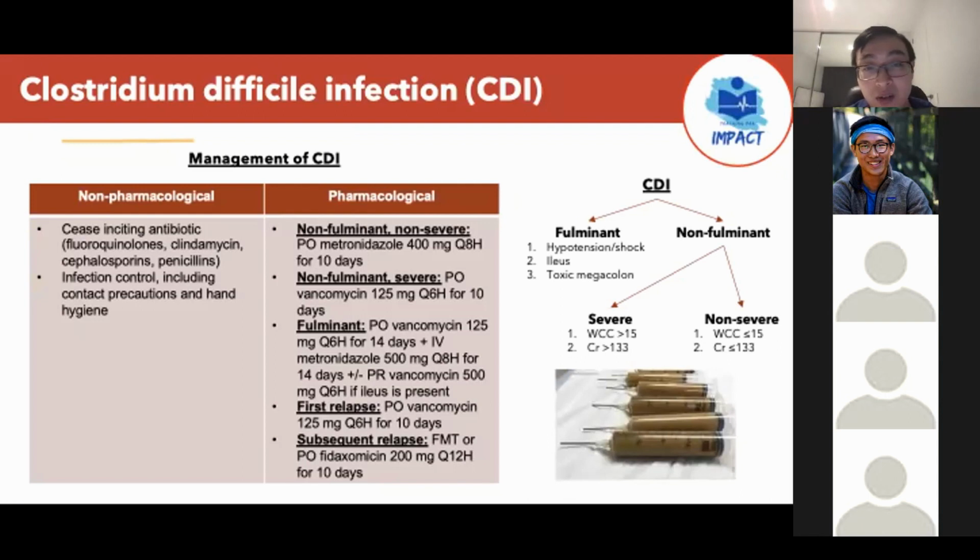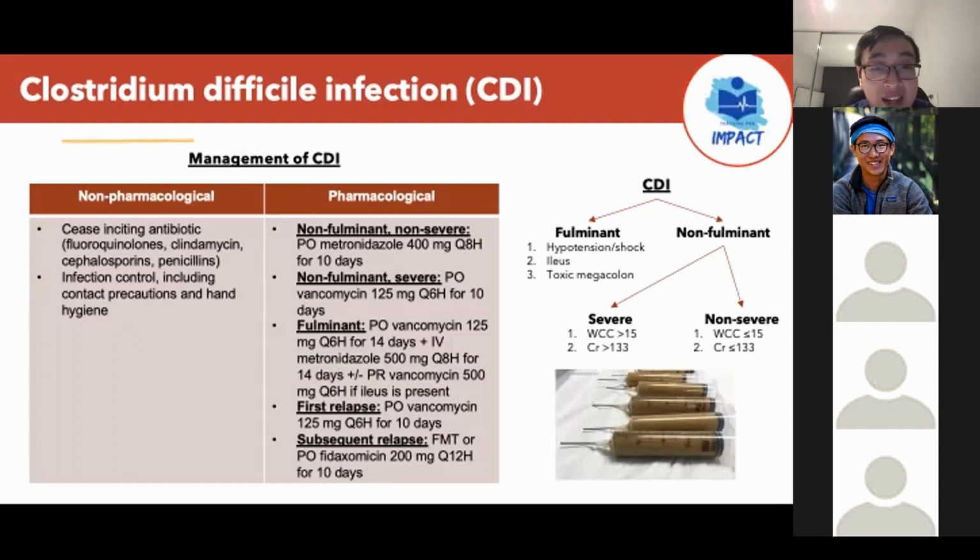One very simple way is to look at the white cell count and the creatinine. If the patient has white cells above 15 or creatinine above 133, and it's a weird number, but it's converted from the American creatinine, then the patient has severe disease, and we usually treat these patients with oral vancomycin for 10 days. Now, this is the treatment regimen that our patient was on.